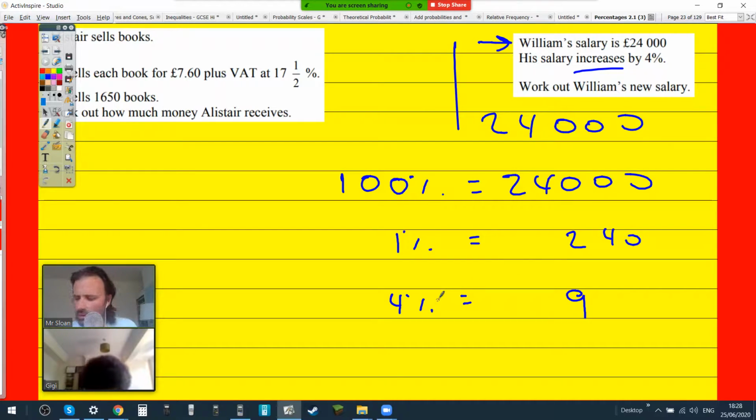4 times 240 is 960. That's it. And so, what is William's new salary?